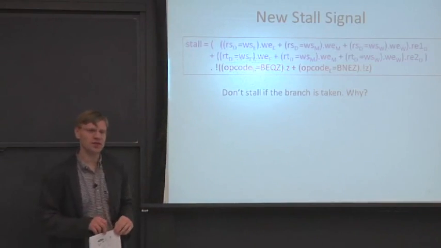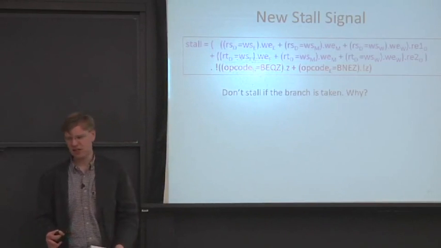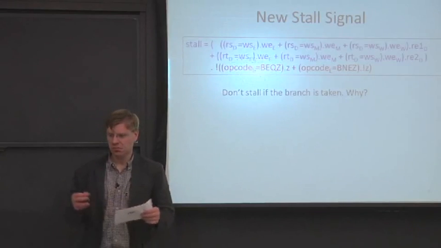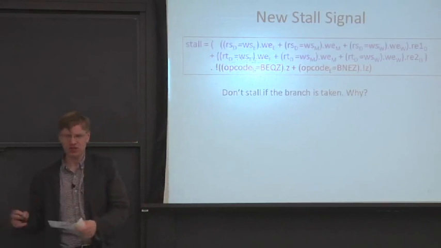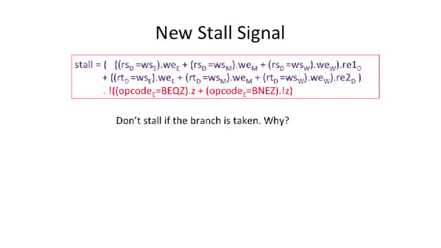These two terms are basically saying a branch is happening in the execute stage, and that the branch is being taken. So if it's a zero branch and the result is zero, it's taken, or if it's a not equal zero branch and the value is not zero, it's taken.